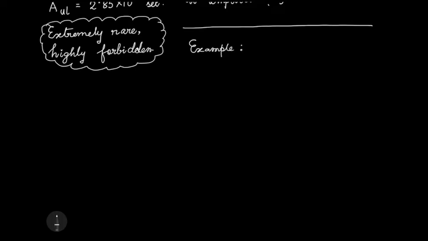So let's first try to do that for an example: some optical transition, not a radio transition, some optical line, and say the frequency nu naught is 10 to the 14 hertz, so that is in the optical range.